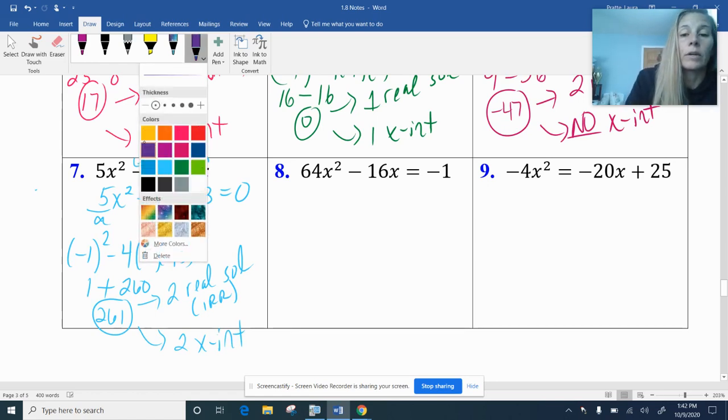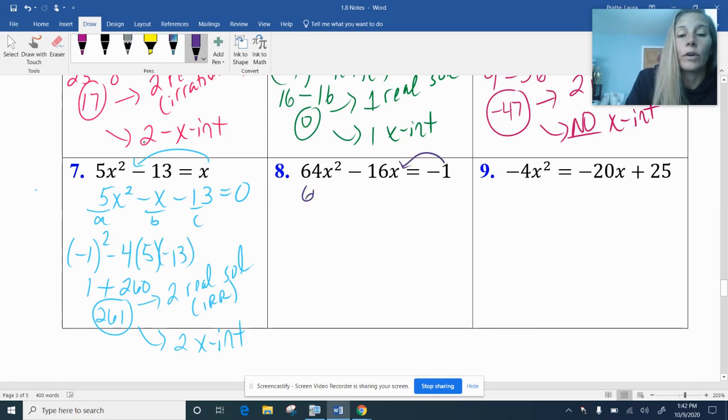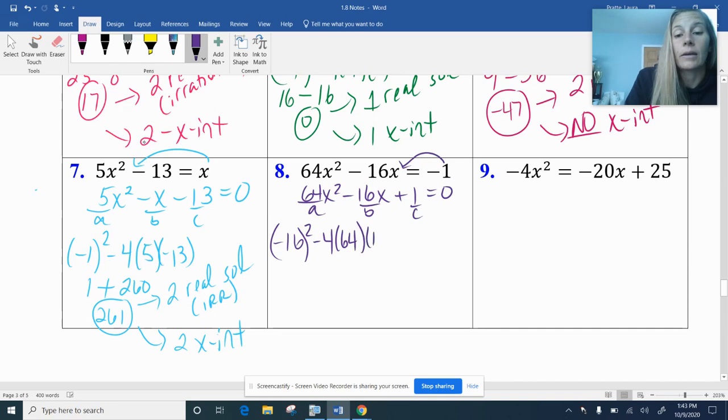Okay, and then the next one here, again, I got to move that 1 over. So 64x squared minus 16x plus 1. A, B, and C. So negative 16 squared minus 4 times A times C. So 16 squared is 256.